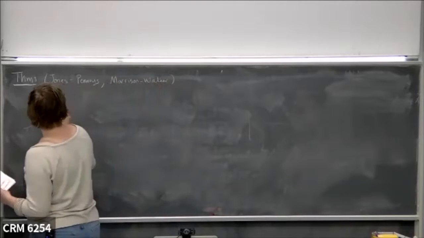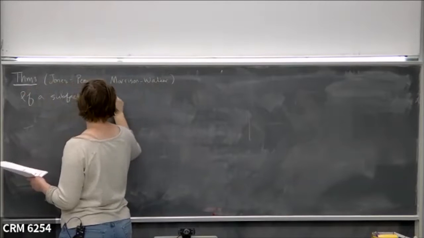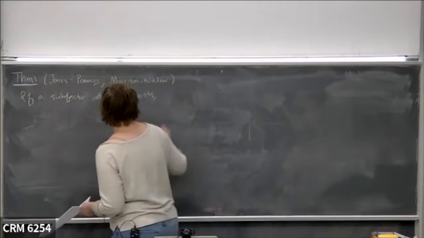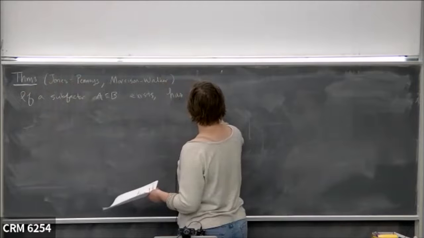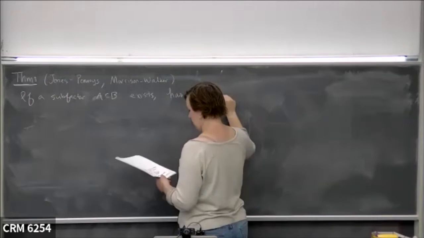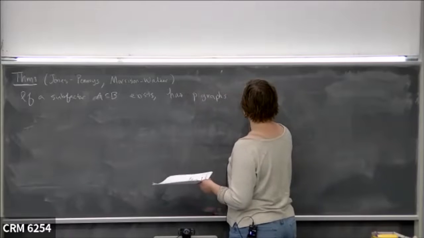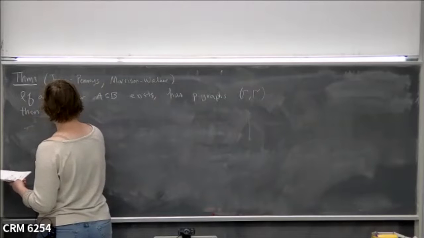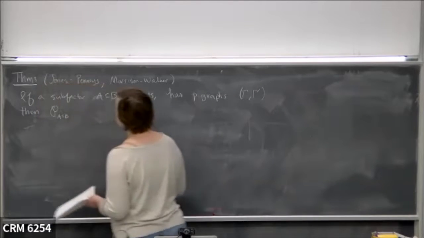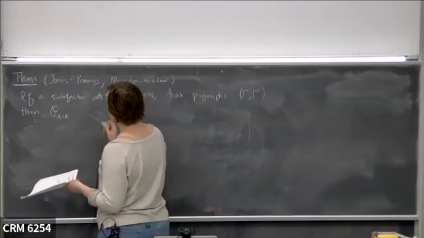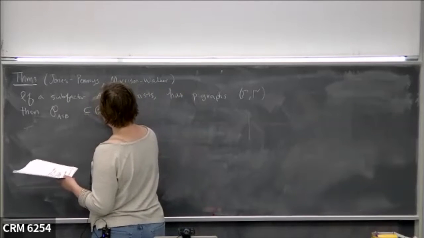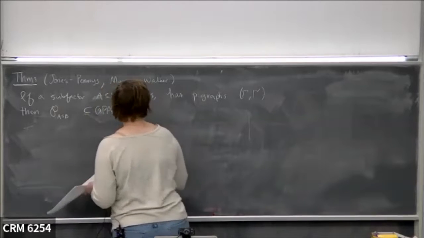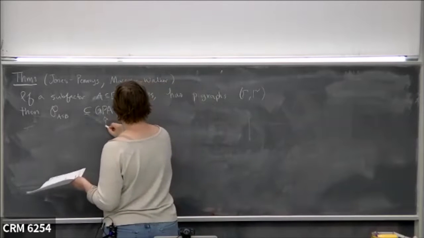It says that if a subfactor, call it A and B, exists, and it has principal graphs, say gamma and gamma prime, then the planar algebra corresponding to the subfactor A and B can be found inside the graph planar algebra of gamma or gamma prime, doesn't matter which.